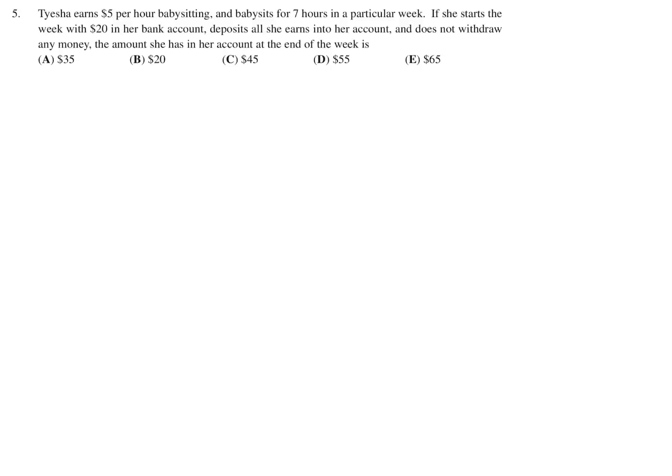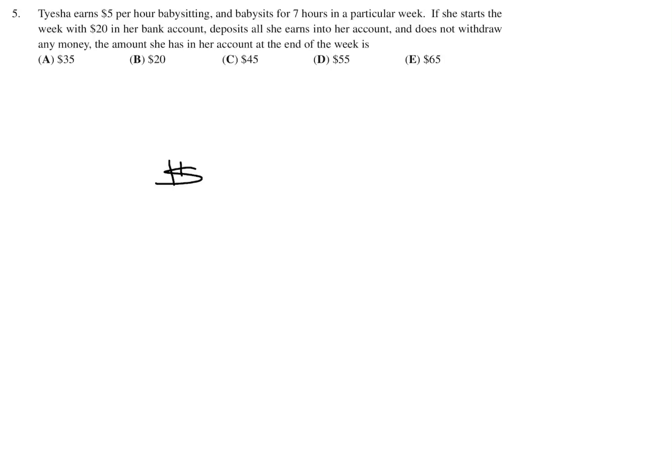Taisha earns $5 per hour babysitting and babysits for 7 hours in a particular week. If she starts the week with $20 in her bank account, deposits all she earns into her account, and does not withdraw any money, the amount she has in her account at the end of the week is.